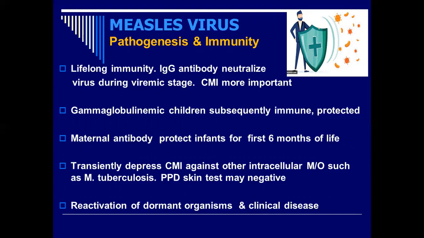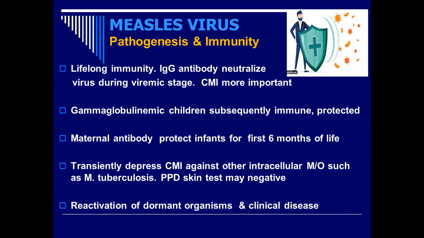So in all those viral diseases in which the maternal antibodies can cross the placental barrier and protect the fetus, this protection to the infant is for at least the first 6 months of life. And that's why we have scheduled vaccination of measles, mumps, and rubella within that period of time.